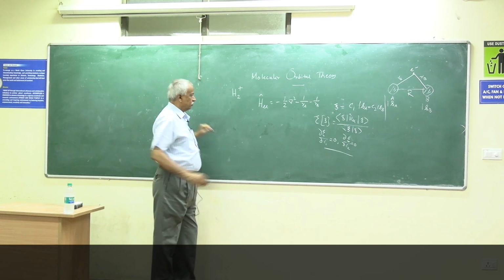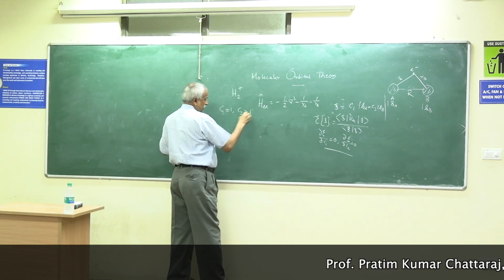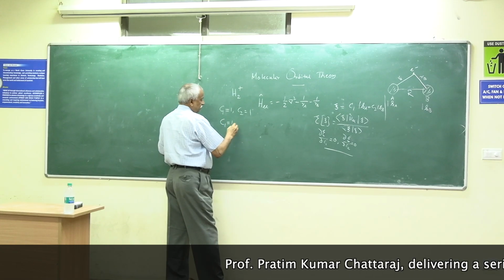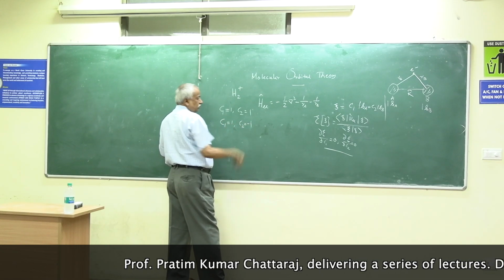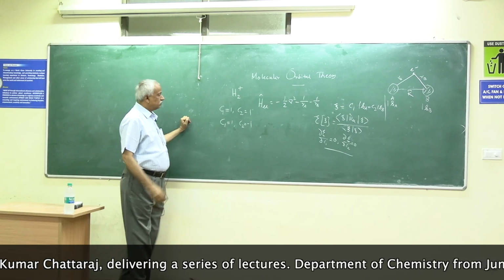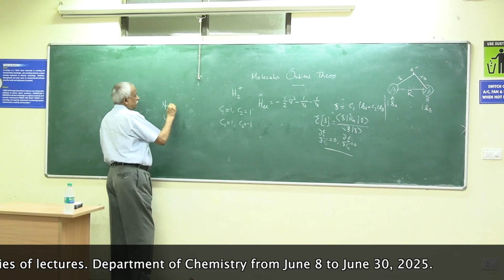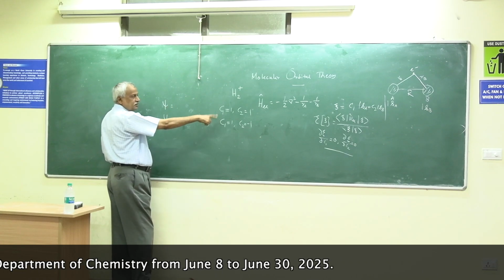There would be two sets of solutions. One would be C1 equal to 1, C2 equal to 1, another would be C1 equal to 1, C2 equal to minus 1, and that also we know. But now I can write it as psi, because these are optimized solutions.